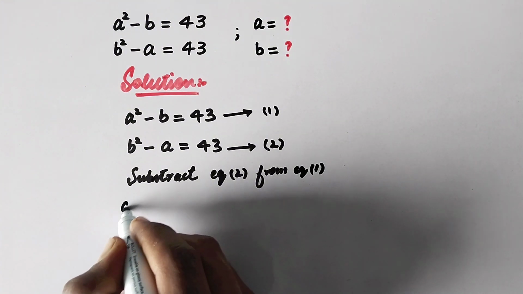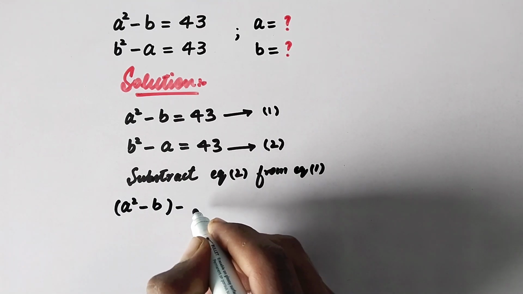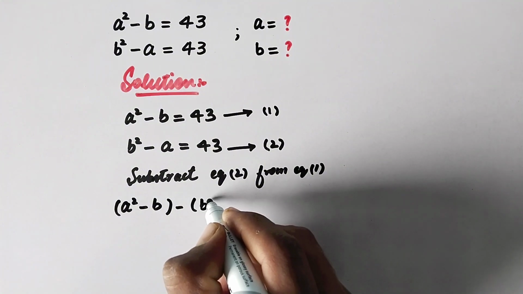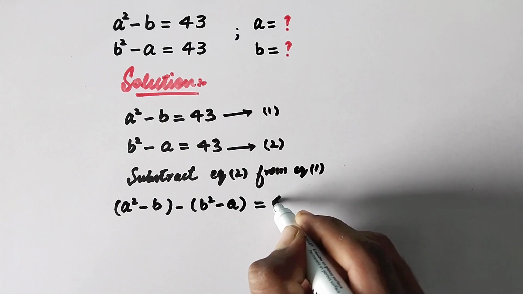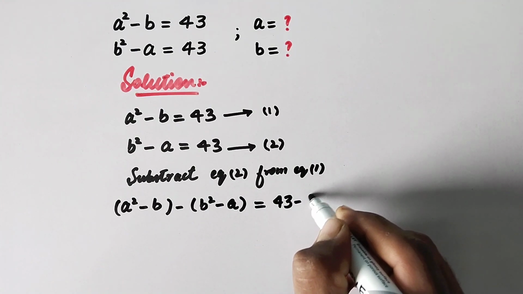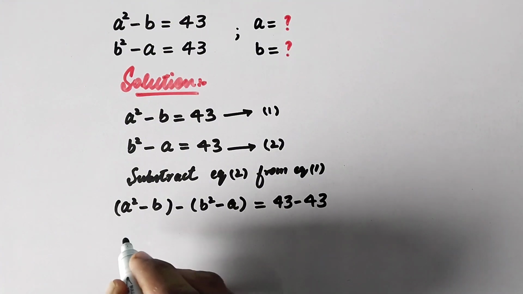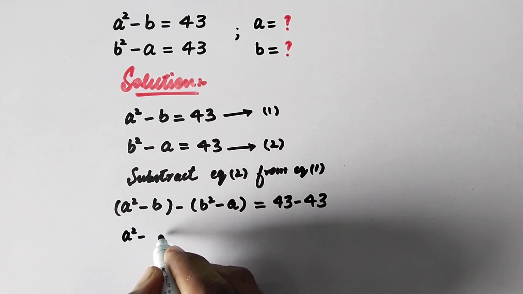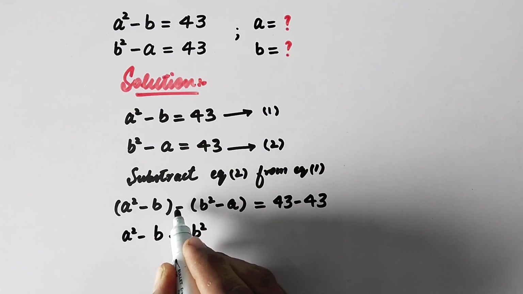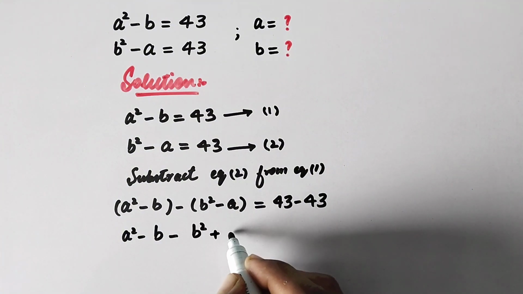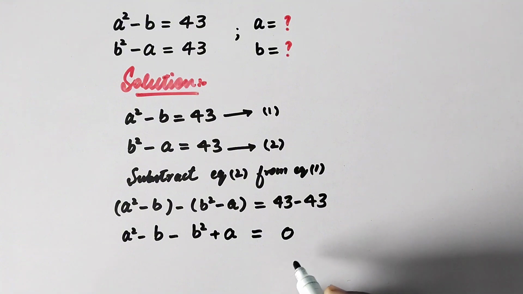So here we will write a squared minus b minus (b squared minus a) equal to 43 minus 43, or it will be equal to a squared minus b squared, and here minus times minus will be plus a, equal to 43 minus 43 will be equal to 0.